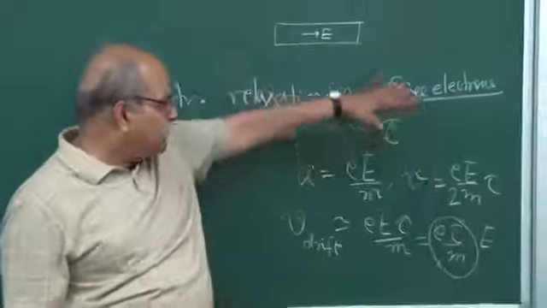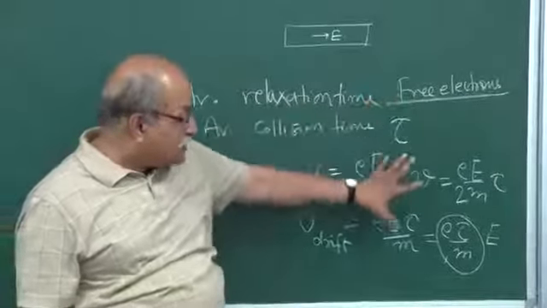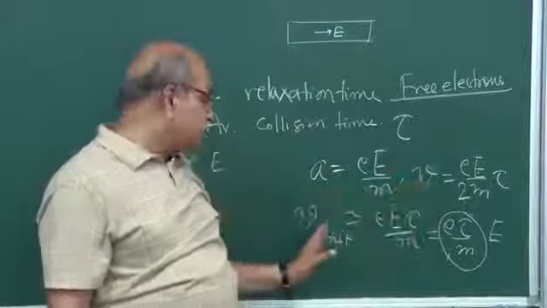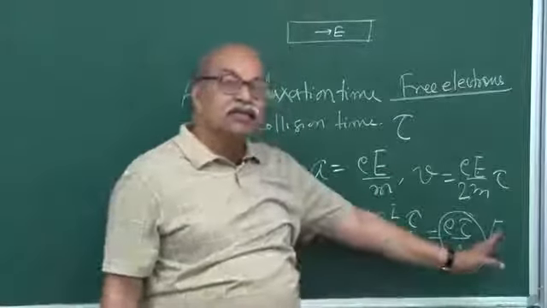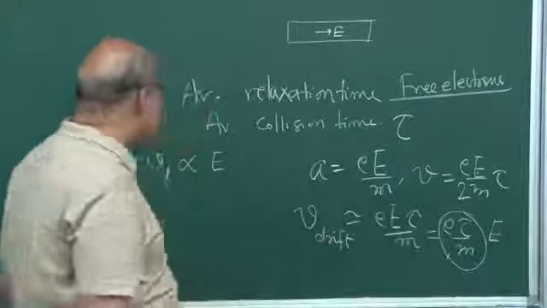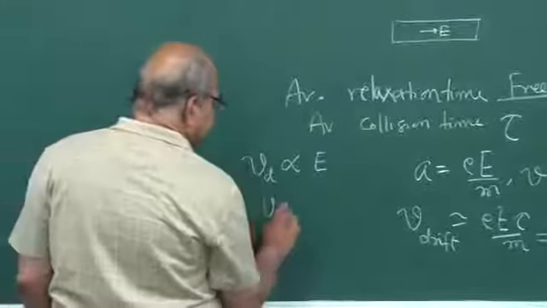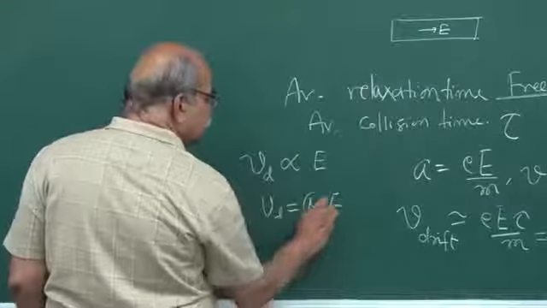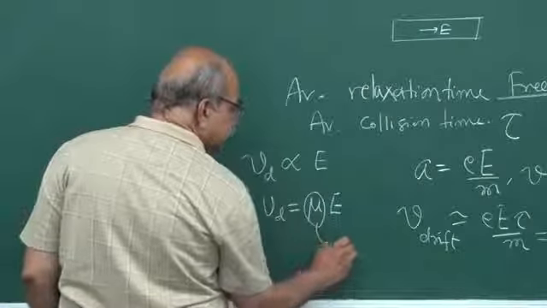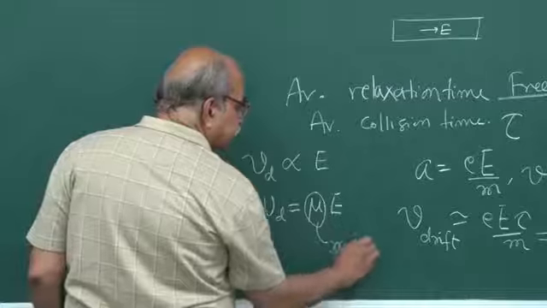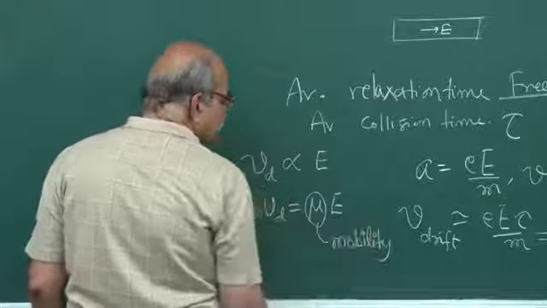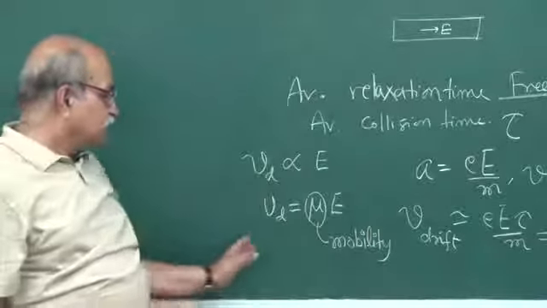But even if these approximations are not taken and better calculations are made, this Vd will be proportional to E. And that proportionality constant, whatever it is, is written as mu, and this mu is known as mobility.